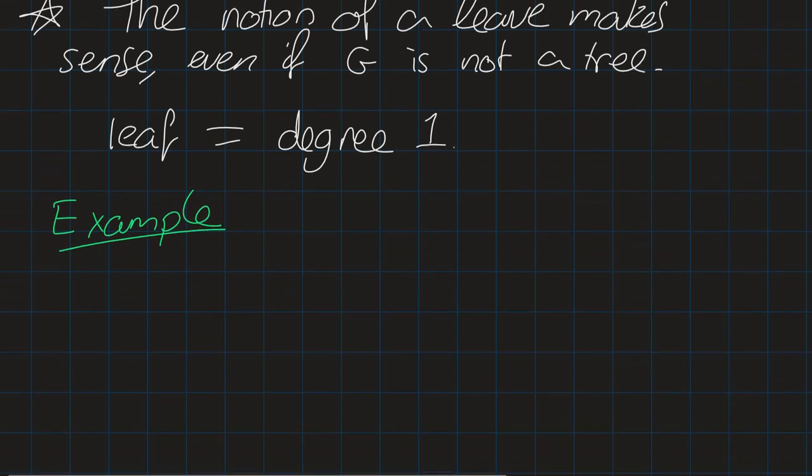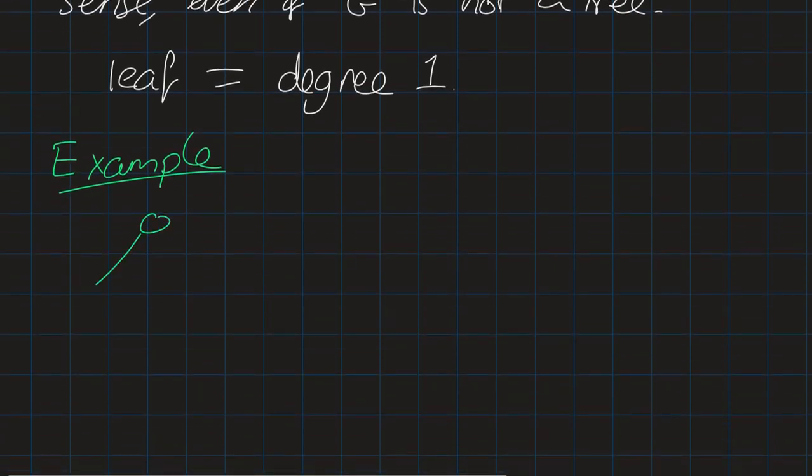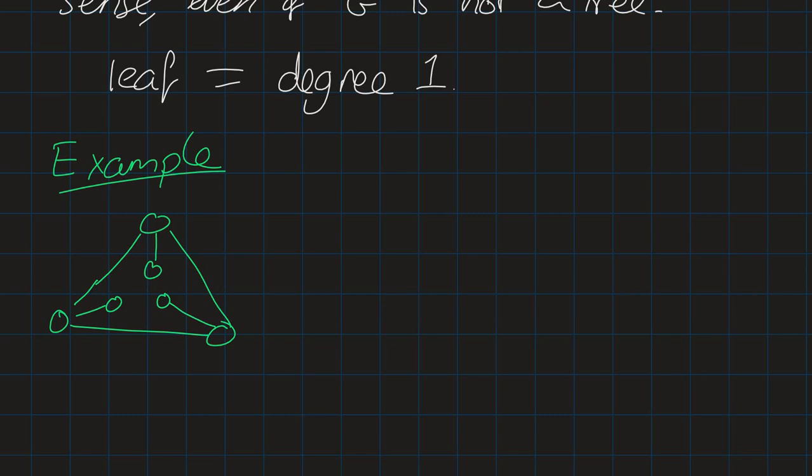So let's do an example. If I look at this graph here, it's obviously not a tree because it has a cycle. This pink bit is equal to this, which is C3. So this is not a tree.